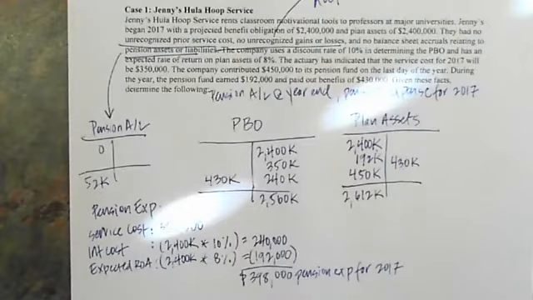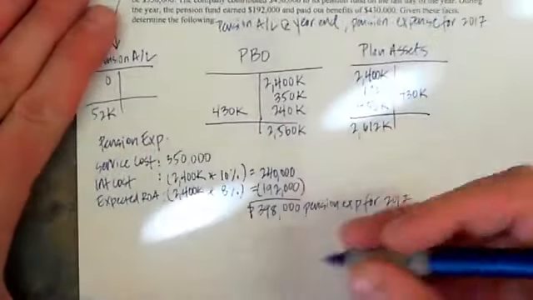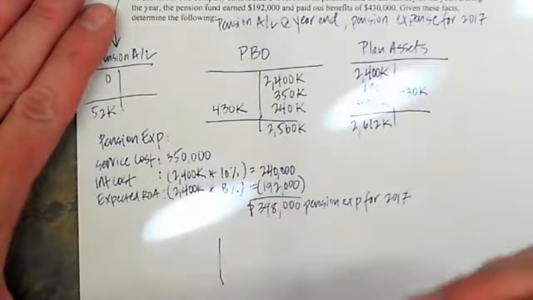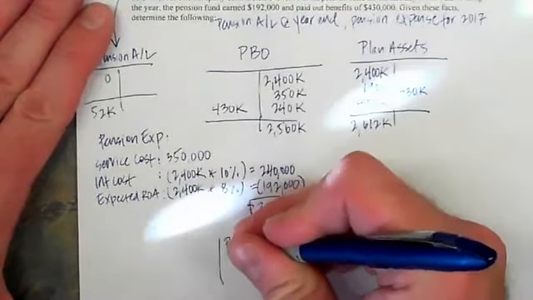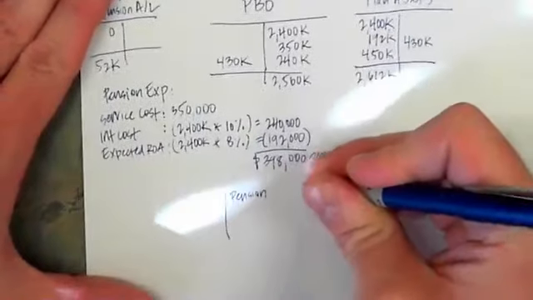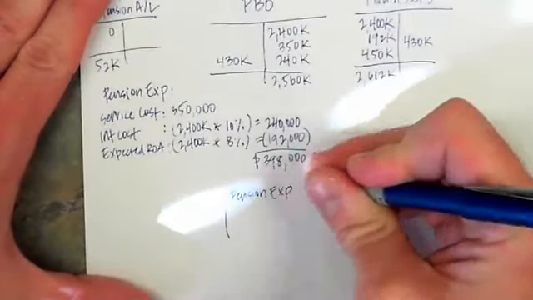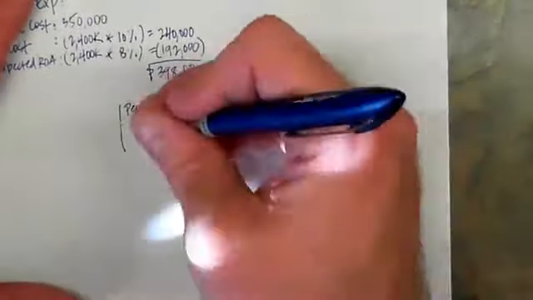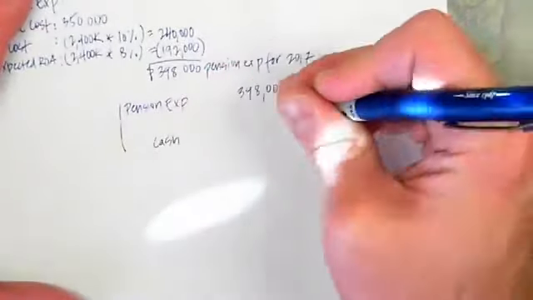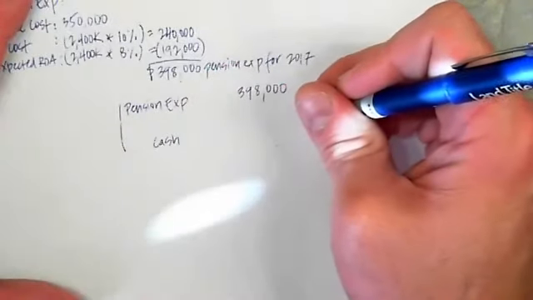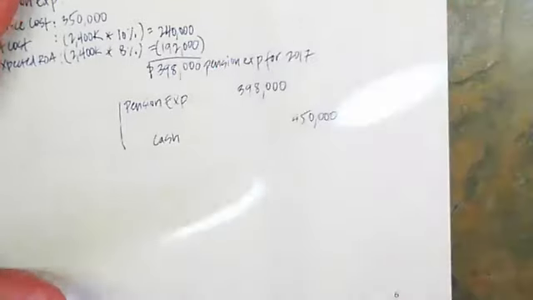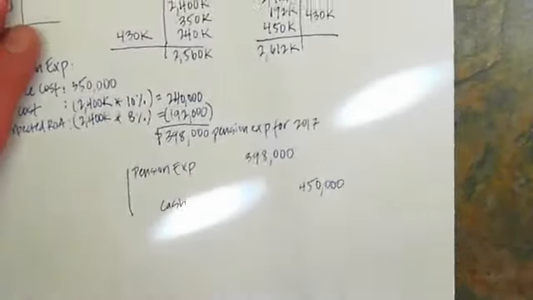Now, how would I journalize this? The journalization is pretty easy once you have everything else laid out. You know that you have a pension expense to record. What else goes in here? Well, I contributed cash of $450,000. The company paid out that cash, and so they credit that as their cash contribution.